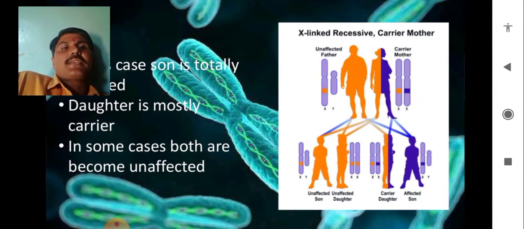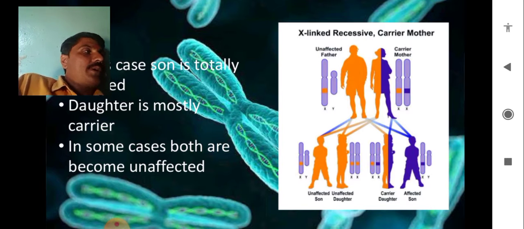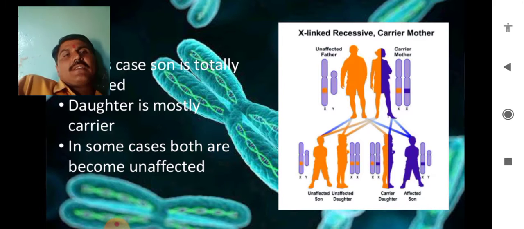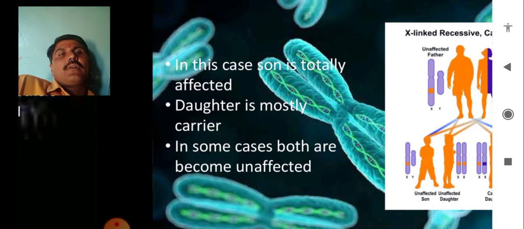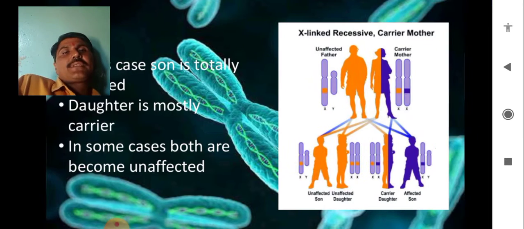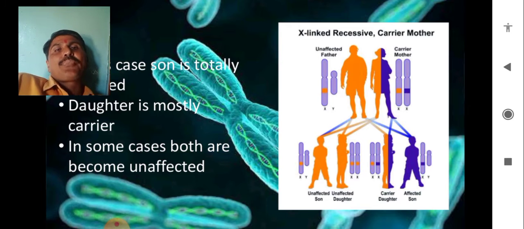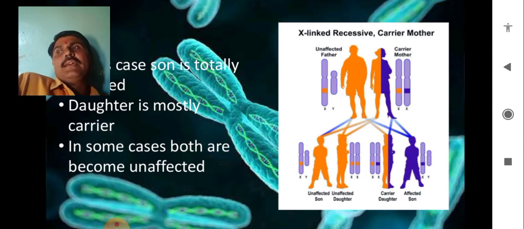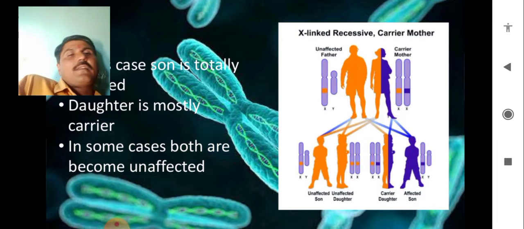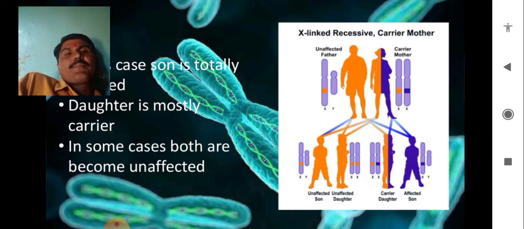In some cases, both become unaffected. So in this case, the sons will definitely be diseased, and the daughters will be carriers.